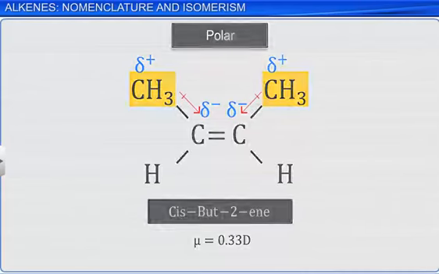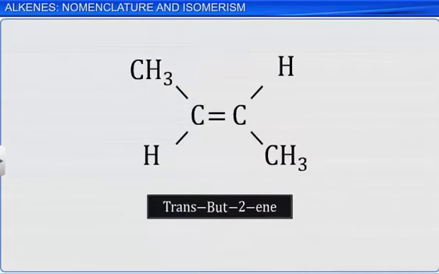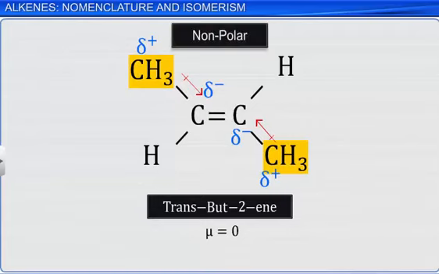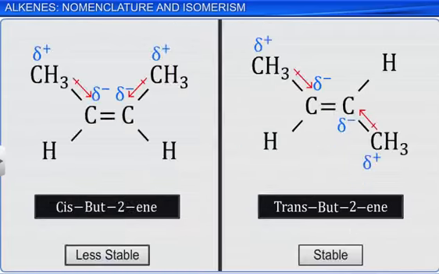However, in case of a trans but-2-ene molecule, the two CH3 groups are present on the opposite sides of the double bond. Thus, the bond dipoles of each CH3 bond cancel each other, making the molecule non-polar. Hence, we can conclude that trans isomers are more stable than cis isomers.